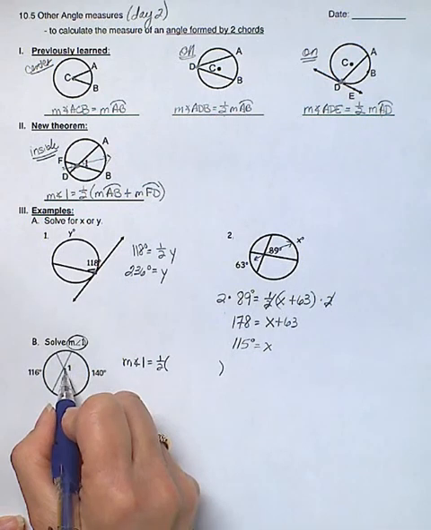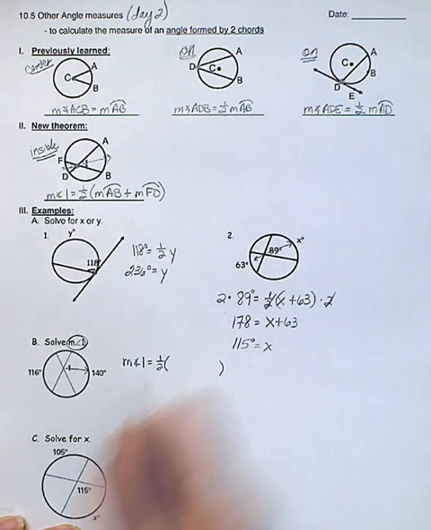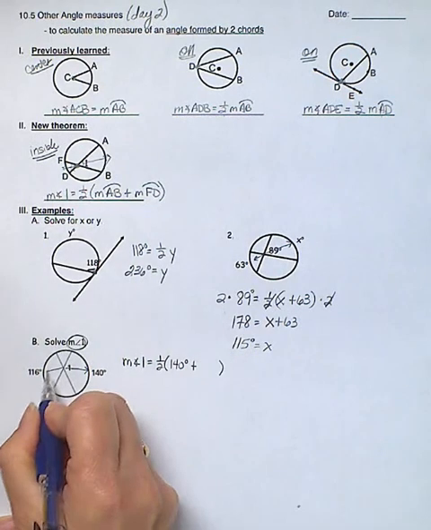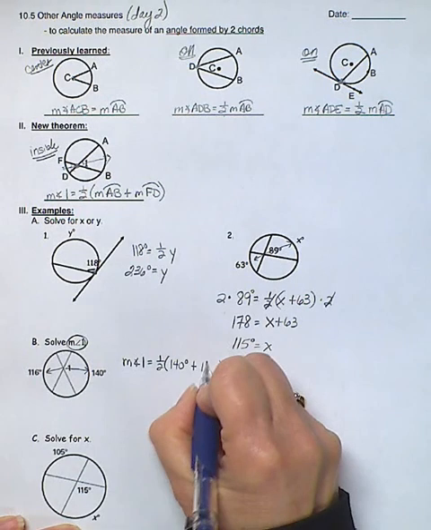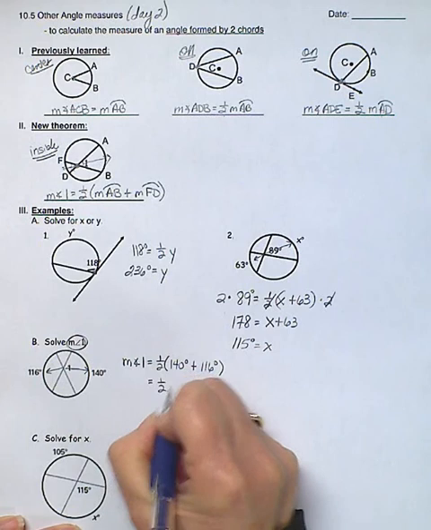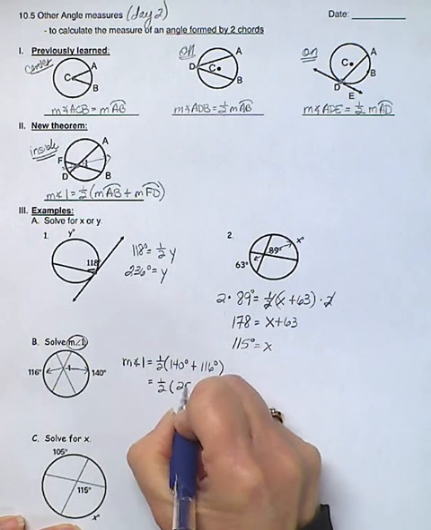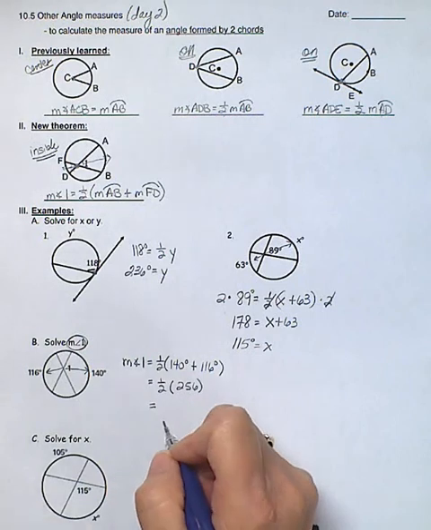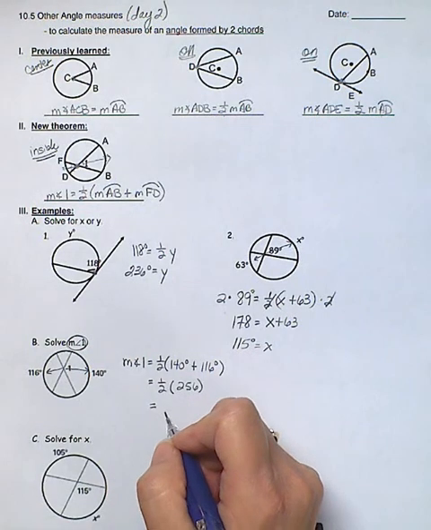Angle 1 has arc 140, and its twin has arc of 116 degrees. Those are the two that we're going to average out. So we're going to take half of 256. So the measure of angle 1 is 128 degrees.